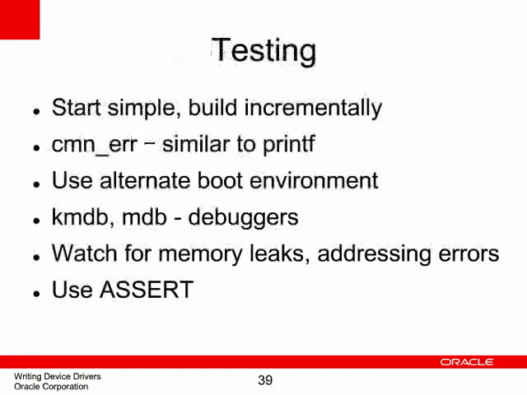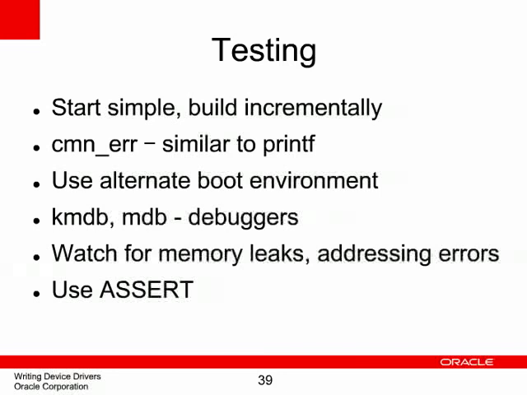Testing. When you're developing a device driver, I suggest you start very simply. Start with a skeleton device driver that doesn't do anything. Get it to compile and link, and make sure you can load and unload. Test it to make sure that it doesn't have any memory leaks. There's a variety of tools you can use for that. Generally, you use a debugger like MDB.